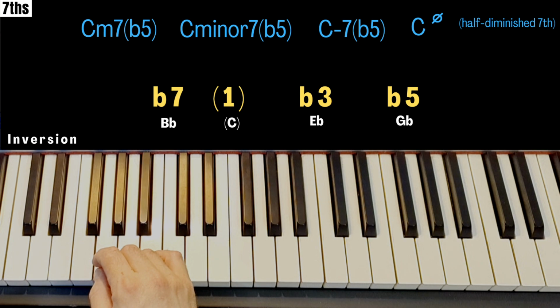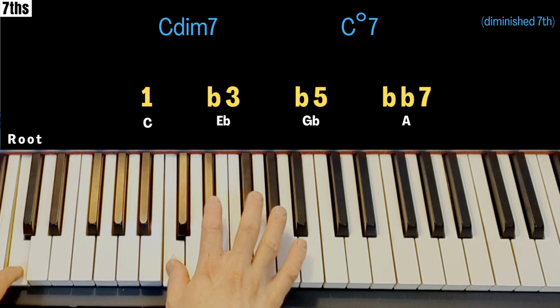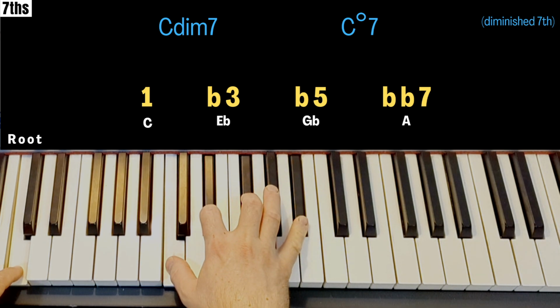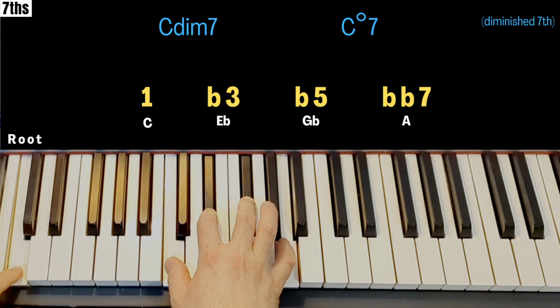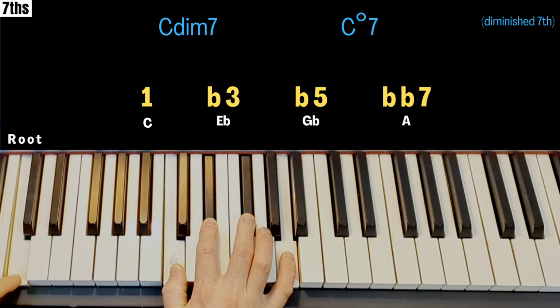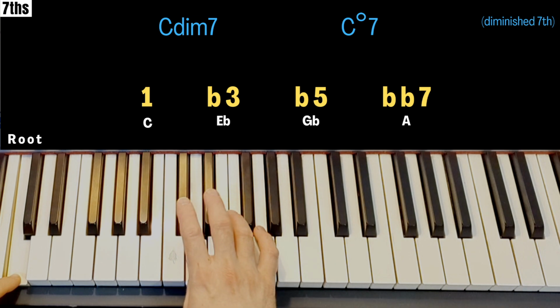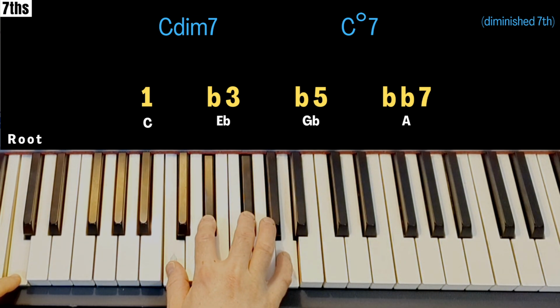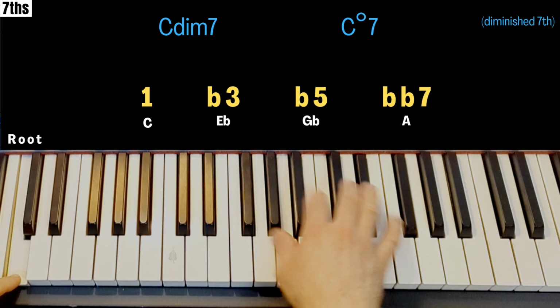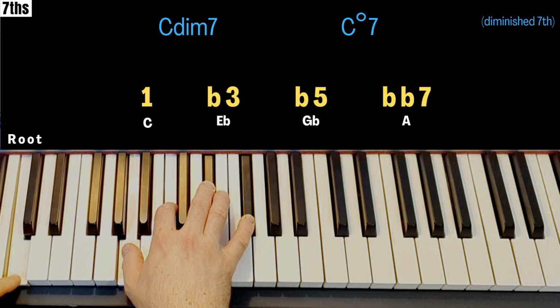Then we've got C7 diminished. It's a little bit like the C minor 7 flat 5, but then we also double flat the 7. That creates a really cool shape because it's all built from minor thirds. And we can invert this just like the augmented shape that I showed you earlier.